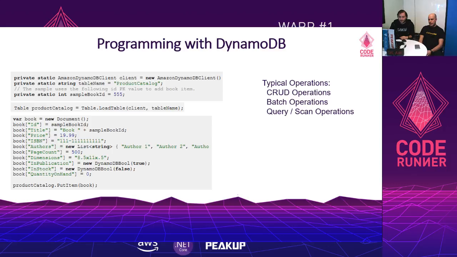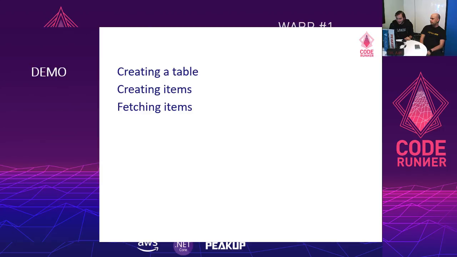You create a client for it and give it a table name, and then create a new document, put the properties in it, and just call the put item method, and that document will be put in DynamoDB. Yeah. So that was fast.